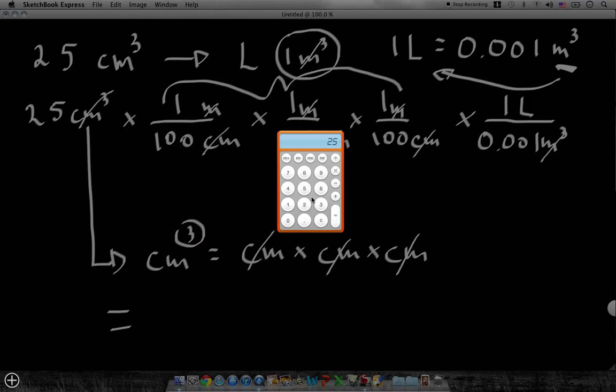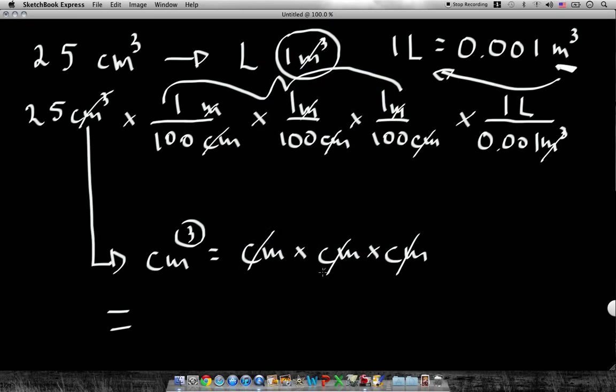You can just plug it into the calculator. And in this case, we can do the full calculation all in one. So that is 0.025, and now it's liters.